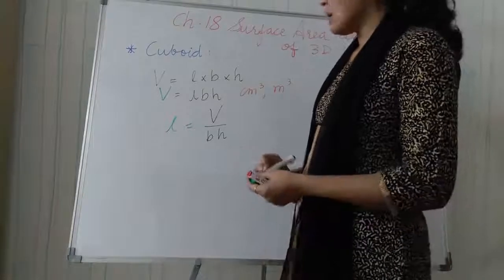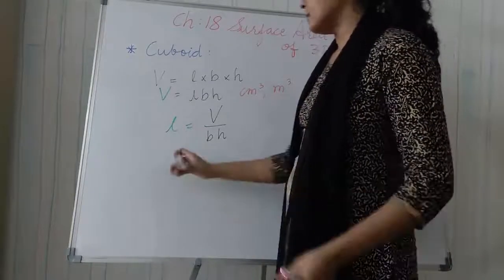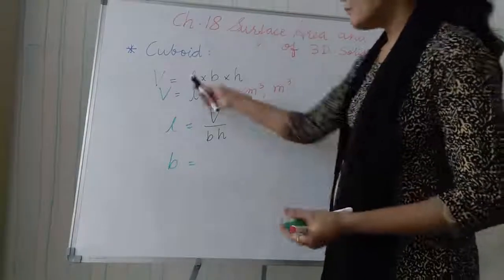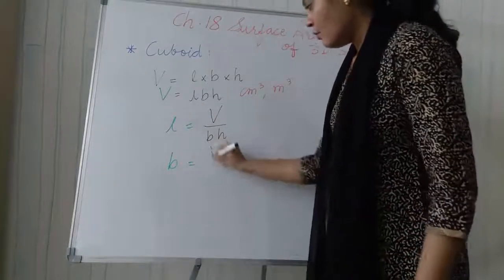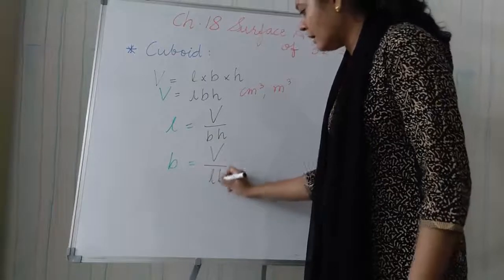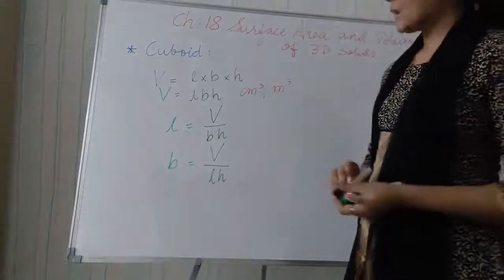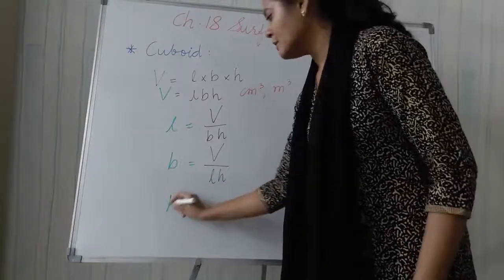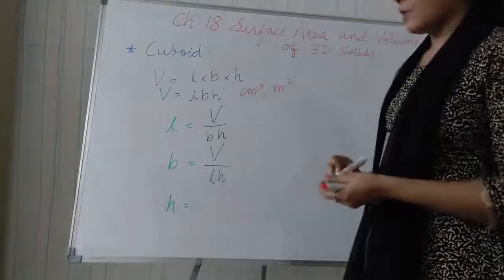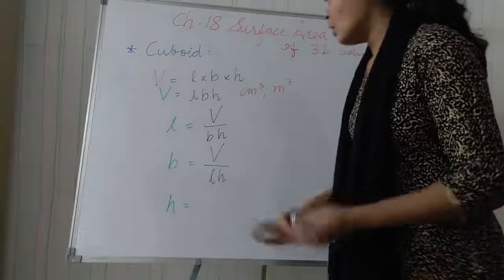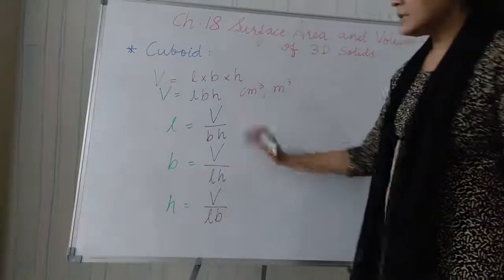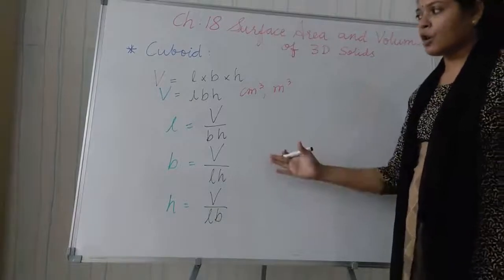Similarly, if you are asked to get breadth, so breadth we can find the same way, volume divided by length into height. And sometimes if you are asked to get height of this cuboid, then you find it as volume divided by LB.